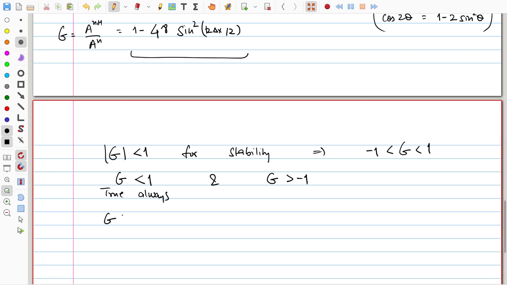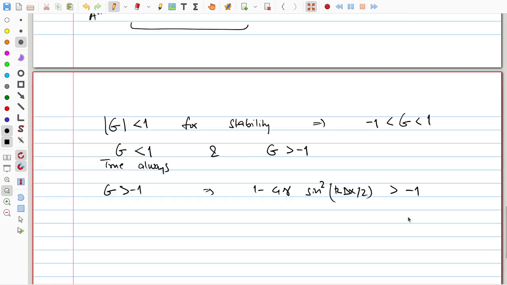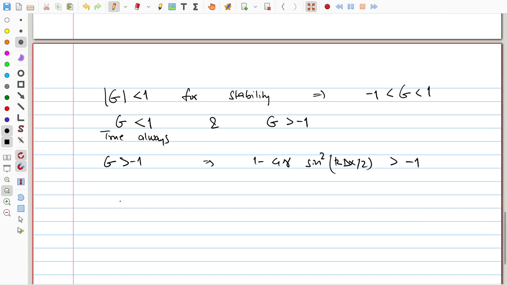So when you apply G greater than -1, that gives us 1 minus 4 gamma sine square k delta x by 2 is greater than -1. So we'll again do some work on inequality here.